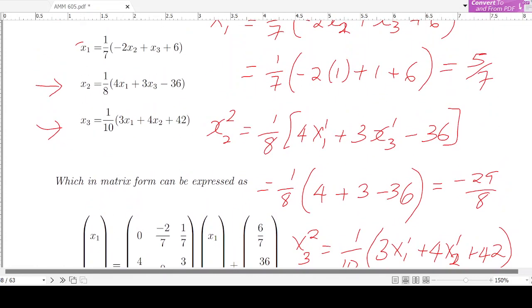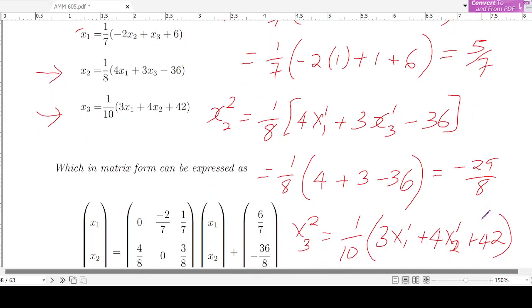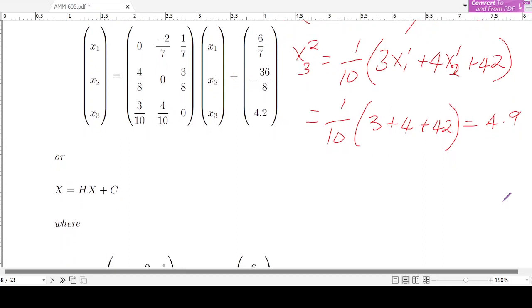You see now we have x1,2 is 5 over 7, x2,2 is minus 29 over 8, and x3,2 is 4.9. We can even express all those in decimal.